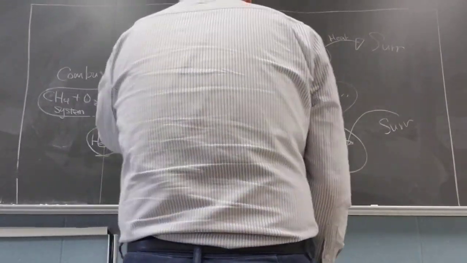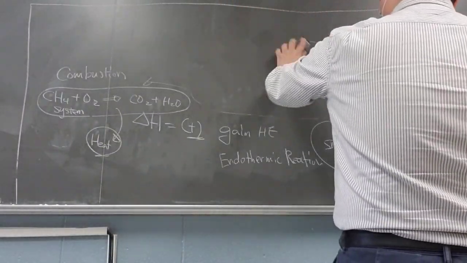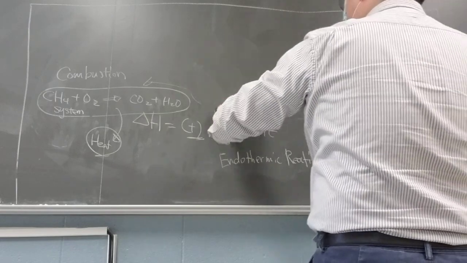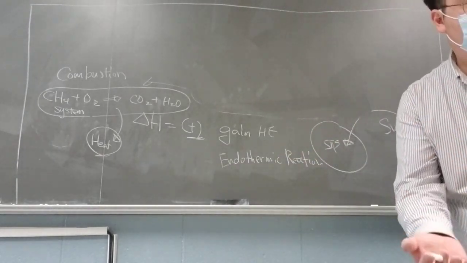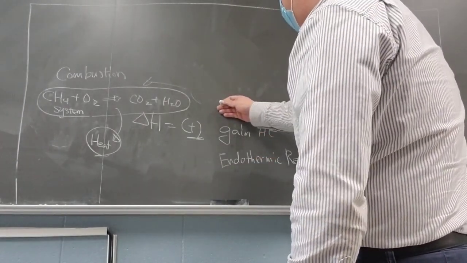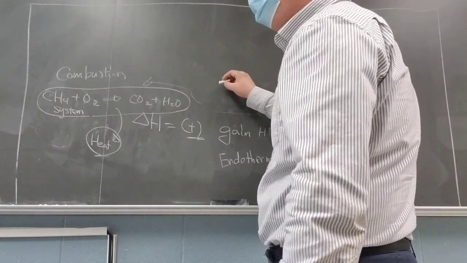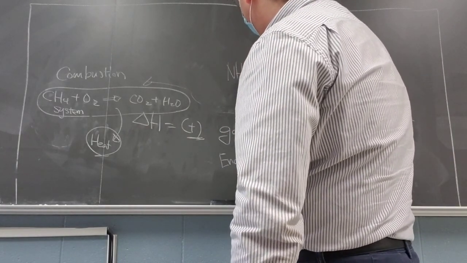So how about the endothermic reaction? An endothermic reaction is where we are actually giving the heat energy to the system, right? So if you look at the cold ice pack, some of them contain ammonium nitrate.